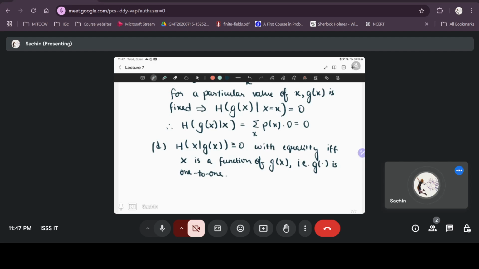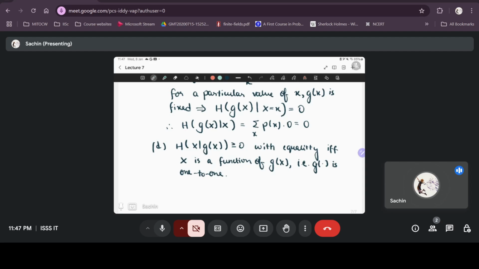Okay, so those are the justifications for each of the steps, and from that we can get H of X comma g of X. H of X is greater than or equal to H of g of X. So question number two also dealt with the same thing for particular functions, but we proved it for general function y is equal to g of x.